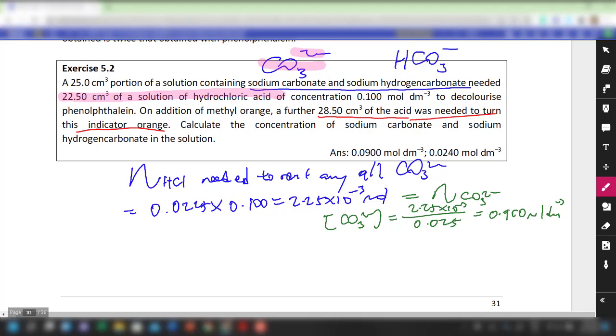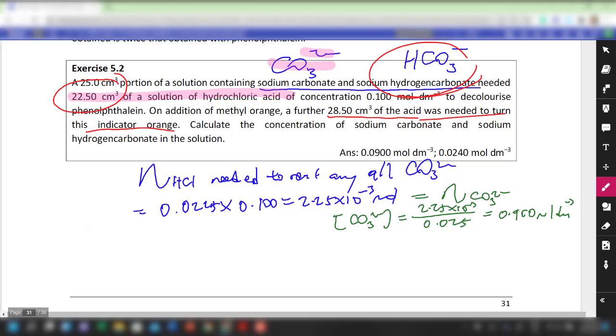The first source is the original amount of hydrogen carbonate in the system. The second source is the hydrogen carbonate produced from the reaction with the 22.50 cubic centimeters of HCl. So we need to know how to differentiate between the two. Nonetheless, we'll keep our calculation simple and straightforward.